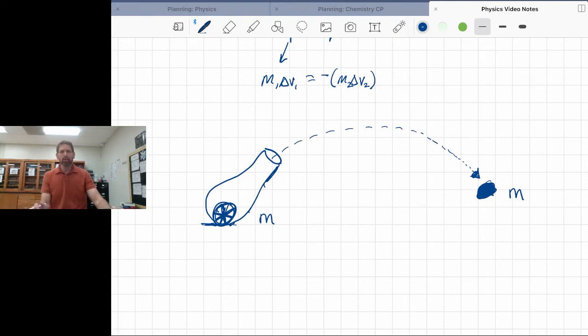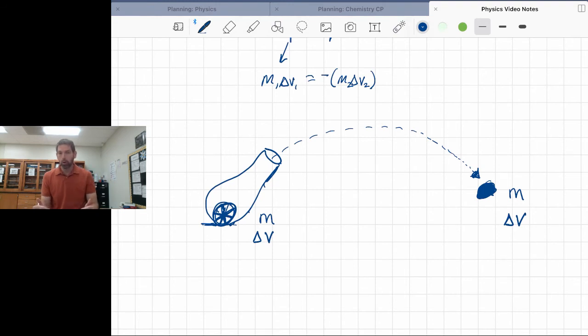And then worry about the negative signs after you've defined all your variables. So they both have mass, right? Which we know is measured in kilograms. That cannonball, it's moving at a certain rate, which means it has a change in velocity. Now, if you think about it, when the cannon fires, the cannon also moves. So the cannon has a change in velocity.